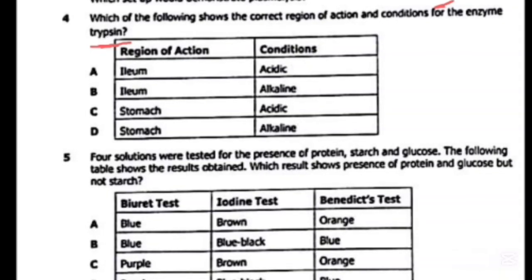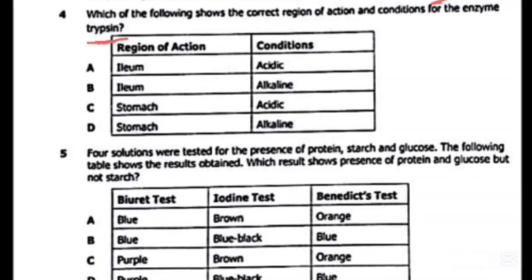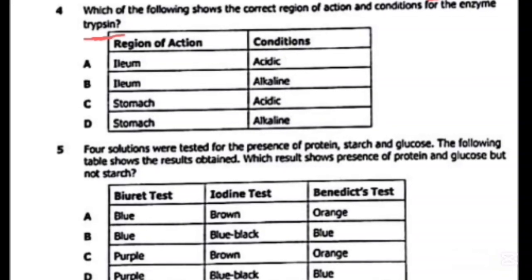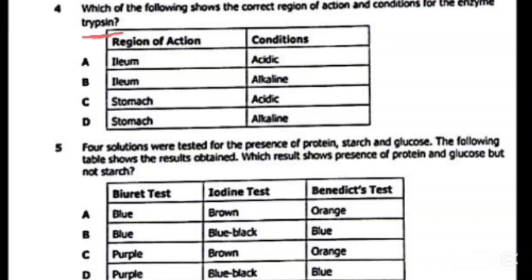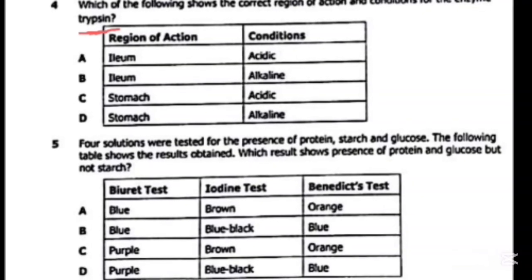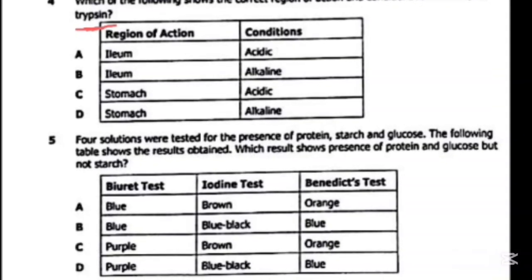Don't get confused because trypsin digests proteins and think it works also in the stomach. No, trypsin works in the ileum, or the small intestine, because the pH there is alkaline. So here our answer is B.